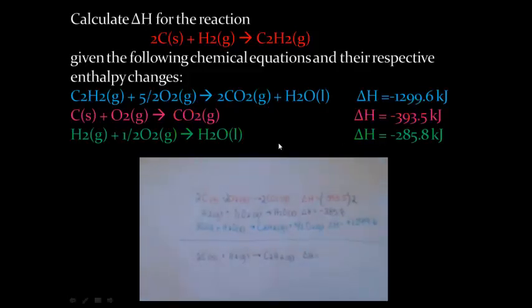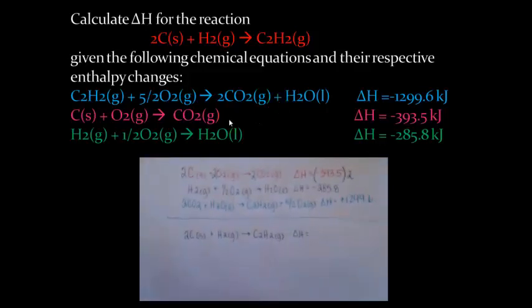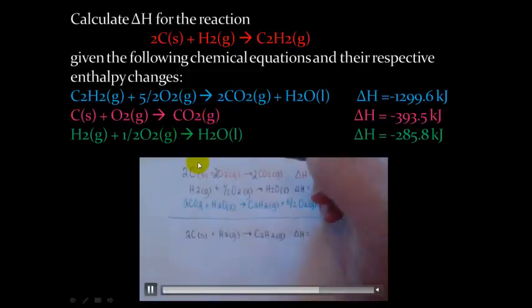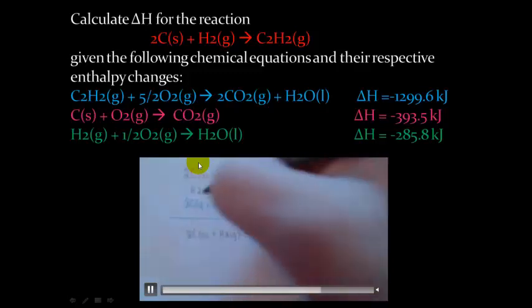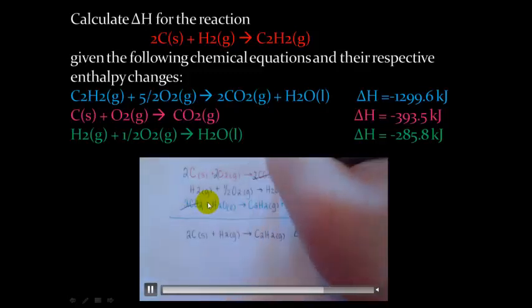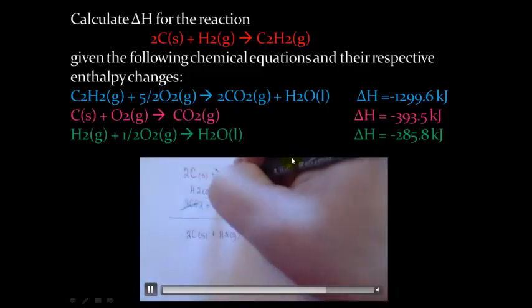So in the next step, we're going to cancel anything that's on the left side of the arrow that is also on the right side of the arrow. So we can see, by looking at our equation, for example, we have 2 CO2s on the left and 2 CO2s on the right.